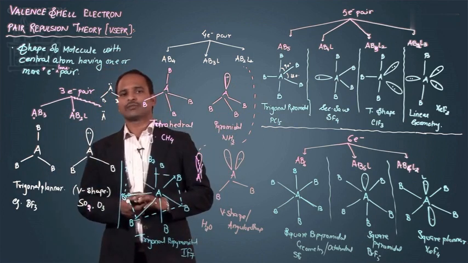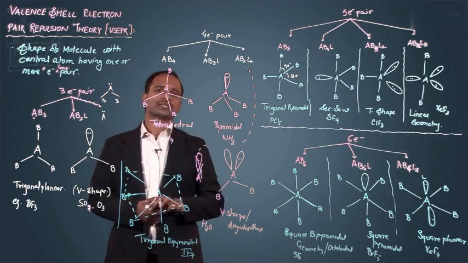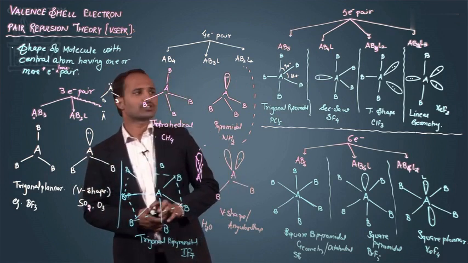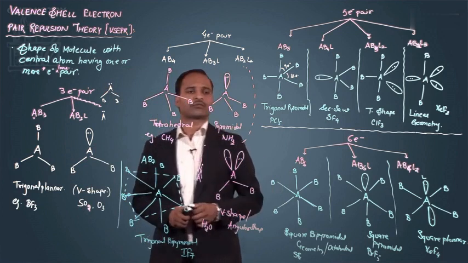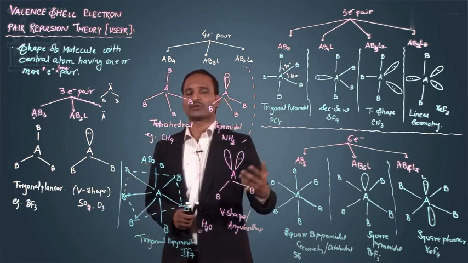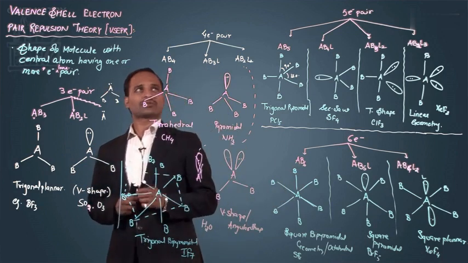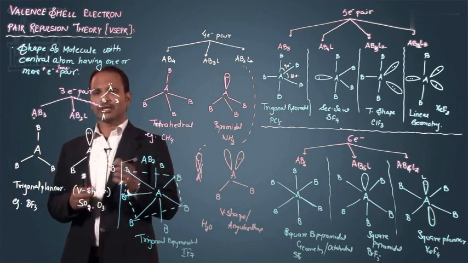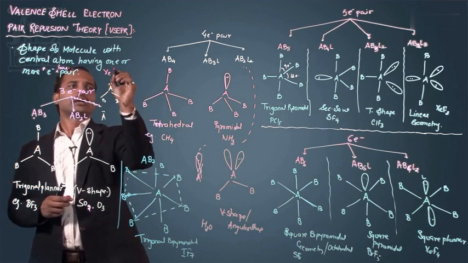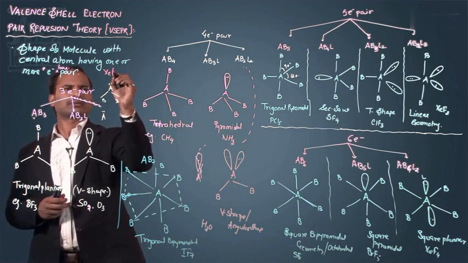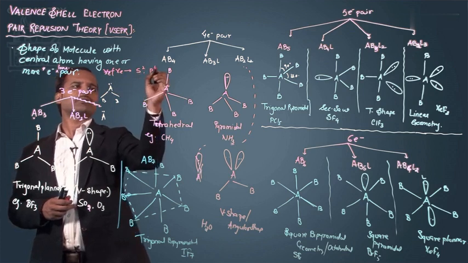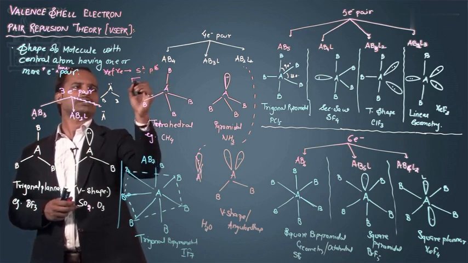Many times in the exam they give the molecule and ask what the shape of the molecule will be. For example, they can ask what is the shape of xenon tetrafluoride. Then how to solve it? Here I know that xenon, being a noble gas, has the outermost configuration s2 p6.